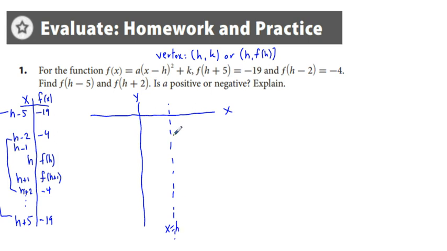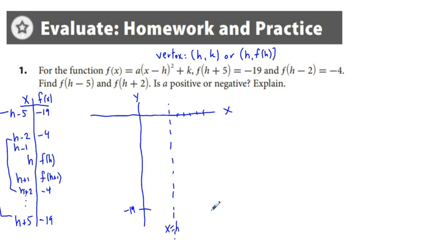We don't know exactly where it is, but we go right 5 from h, 2, 3, 4, 5, and our output value is going to be negative 19.